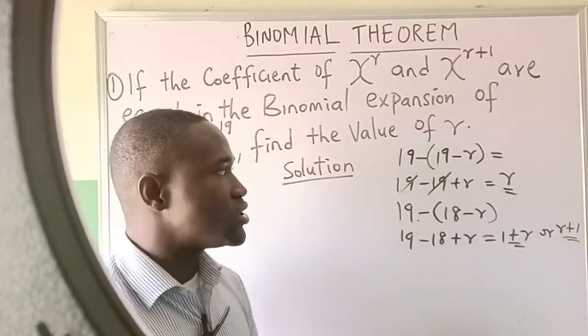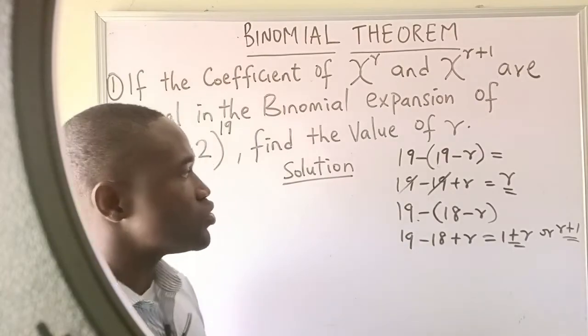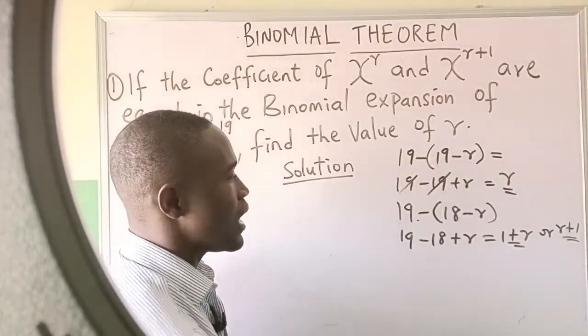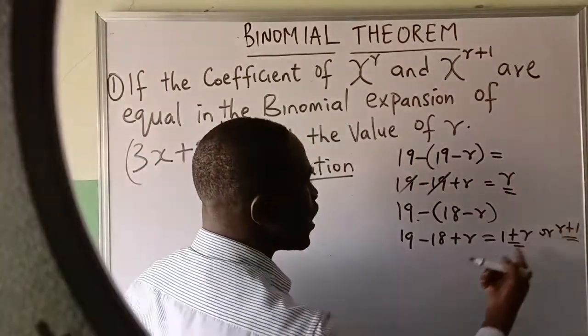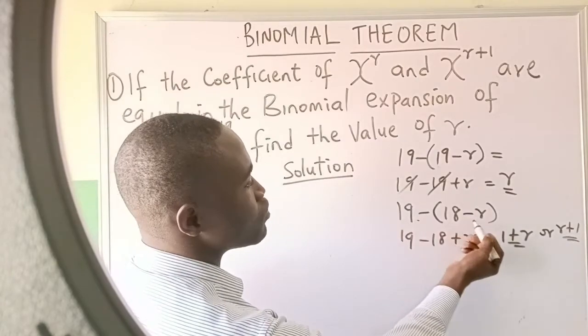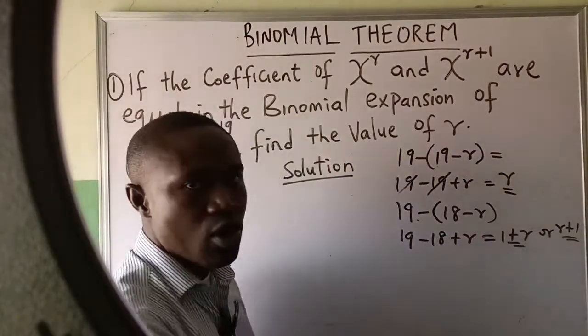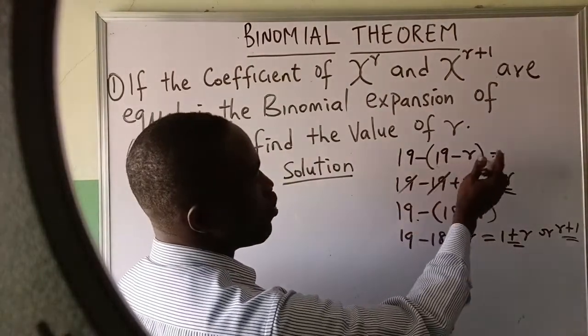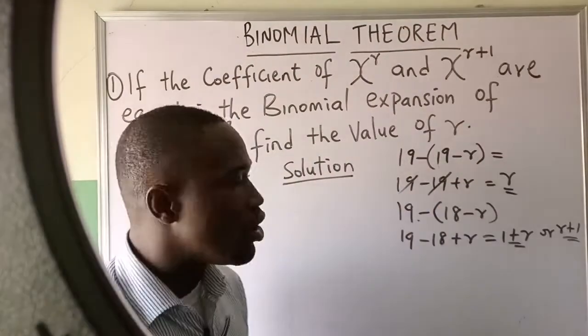This is just logic you can use, because you are looking at how you can get r as a power and how you can get r plus 1 as a power. Knowing that 19 minus this will give r plus 1, and 19 minus bracket 19 minus r will give you r, you have to recall it.